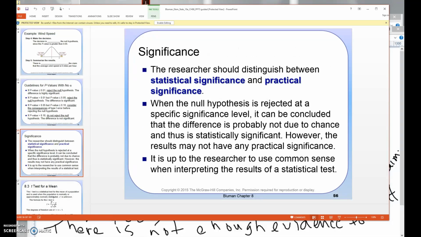The researcher should distinguish between statistical significance and practical significance. When the null hypothesis is rejected at a specific significance level, it can be concluded that the difference is probably not due to chance and thus is statistically significant. However, the results may not have any practical significance. It is up to the researcher to use common sense when interpreting the results of a statistical test.